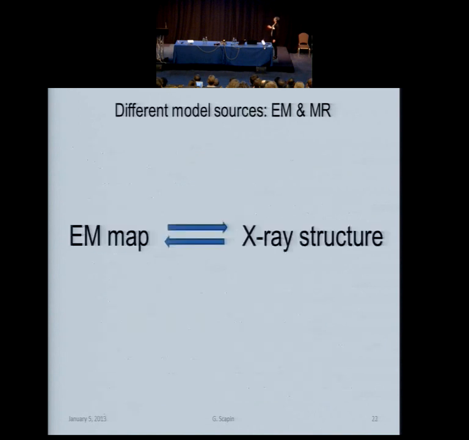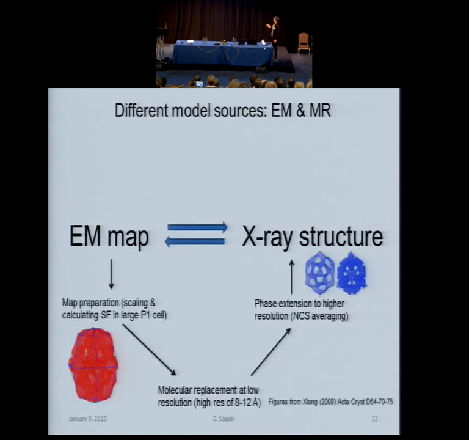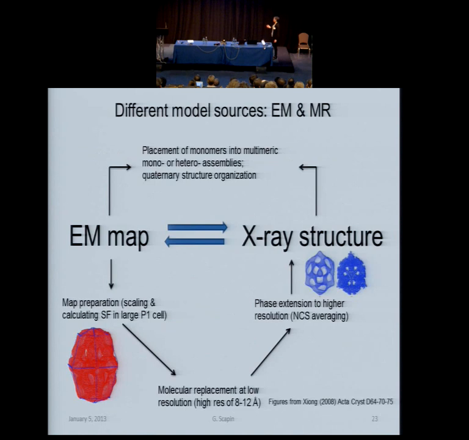We heard a lot about electron microscopy maps, both as probes to phase low resolution X-ray data and then phase extension, or the other way around, to use electron microscopy maps as envelopes into which we can dock X-ray structures, so that we can have quaternary structural information, oligomerization, and things like that.